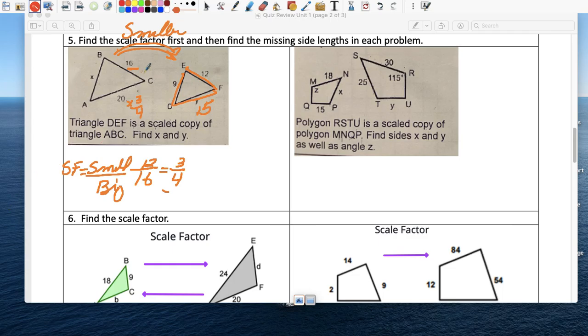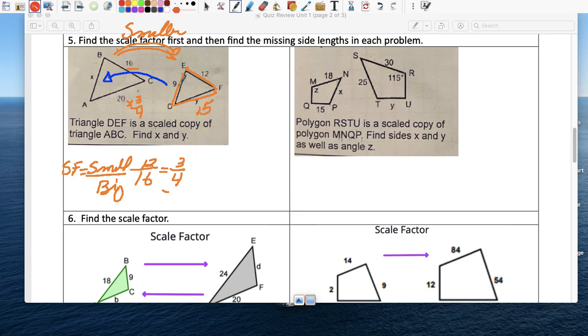Okay. Now, I need to find x here. But x is on the other side, so it's going from here to that side. How would I do that? Well, if going small to big is 3/4, the reciprocal would be the factor going the other way.